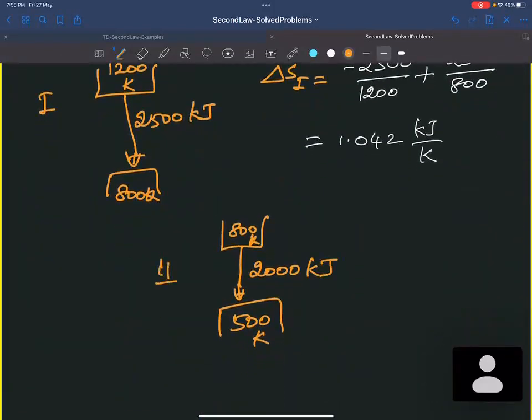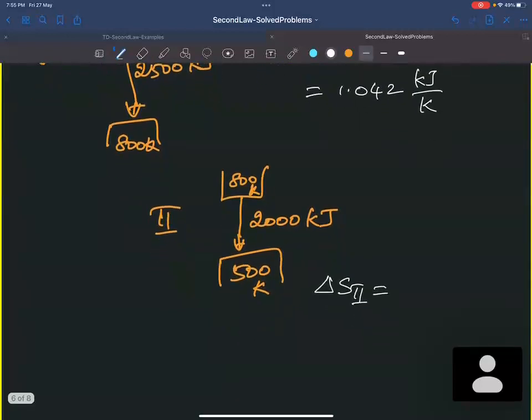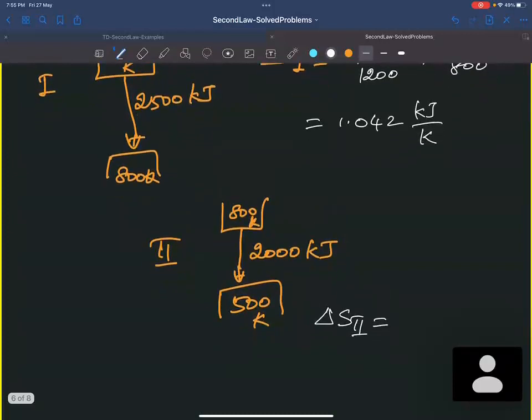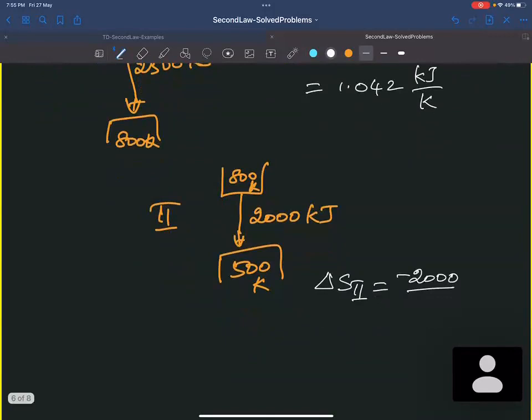So this is process 2. Now you can find the entropy change for the overall process 2 system. Q is minus 2000 for the source, because the source is losing the heat, 2000 by 800, and the sink is getting the amount of 2000, which is available at 500.